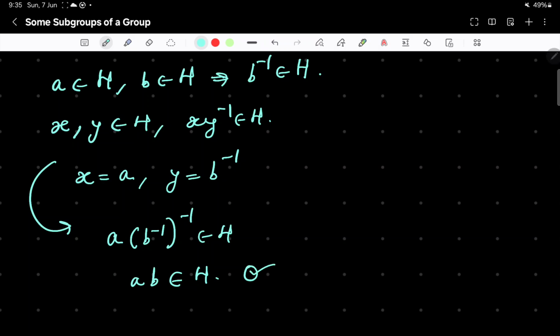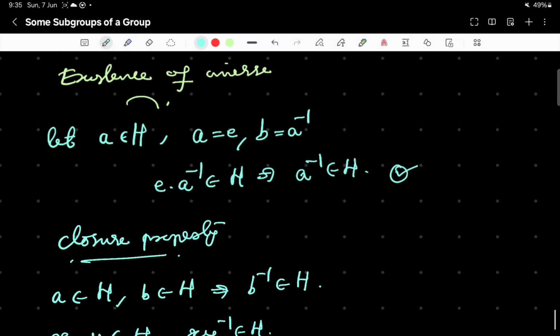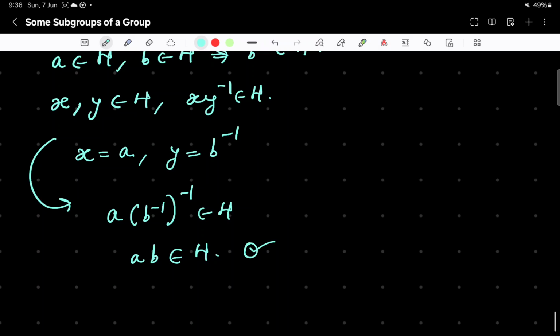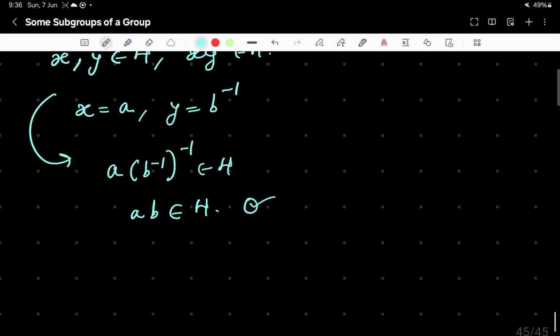Associativity will be carried over from G itself. Now we have proved that inverse, identity and closure property are all there. So what is the test? Again I am going to write: if you want to check H, a subset of G, is a subgroup, it holds if and only if ab inverse is in H for all a, b in H. That is the only thing you need to check.